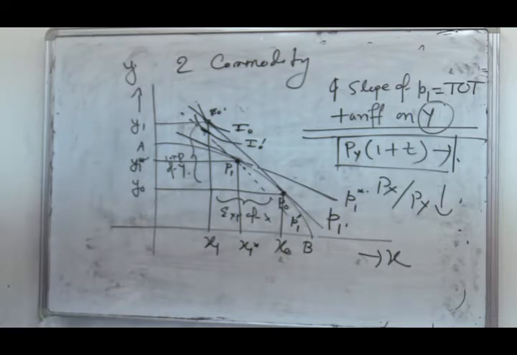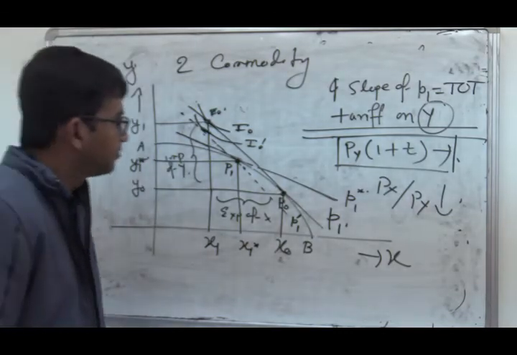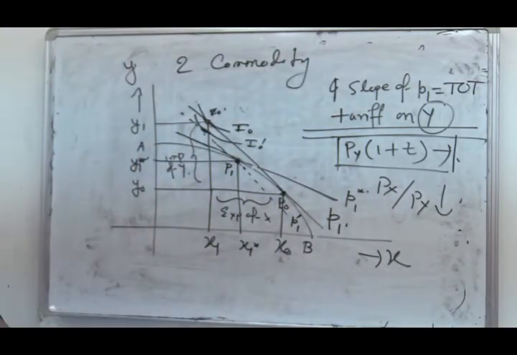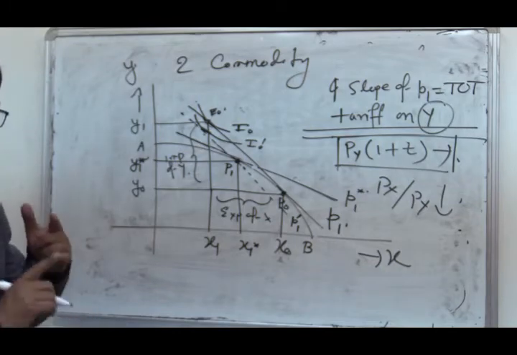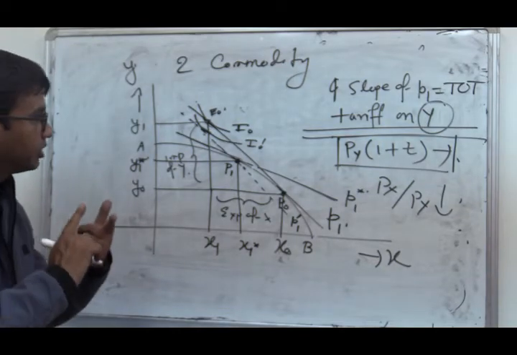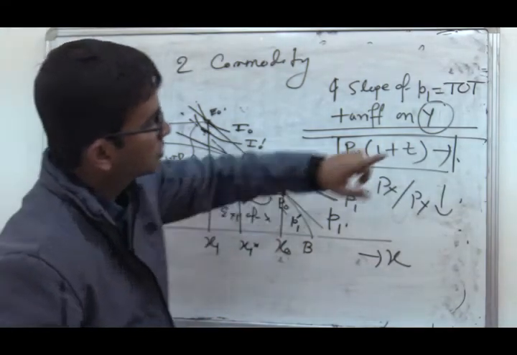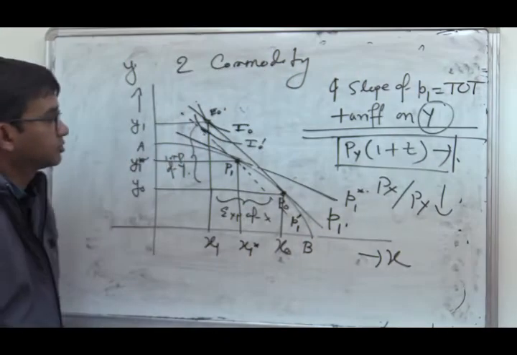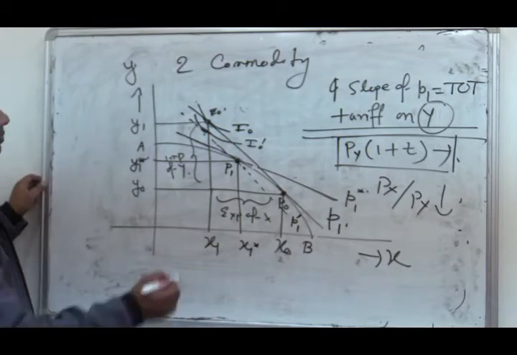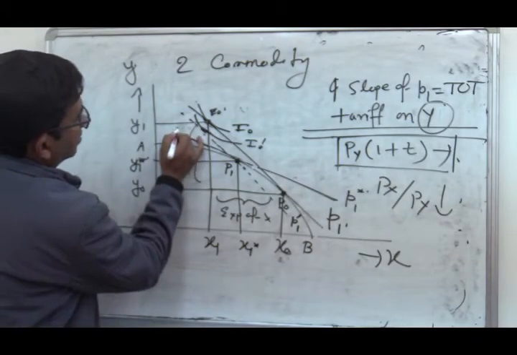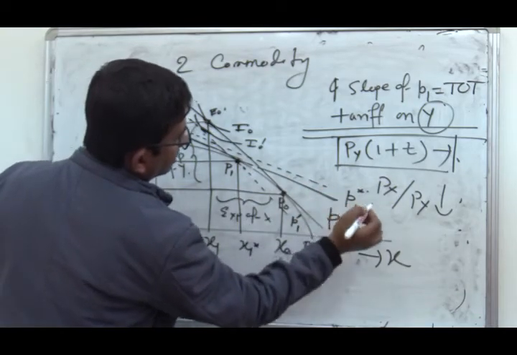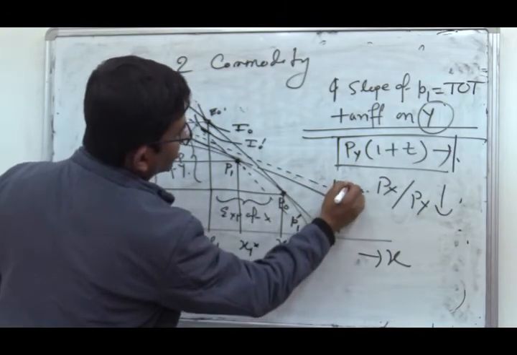But in this case, even this will not be the consumption equilibrium. Why? Because though from the international market we purchase at the terms of trade TOT, the domestic market faces a different terms of trade, which is represented by the straight line parallel to P1 star star.